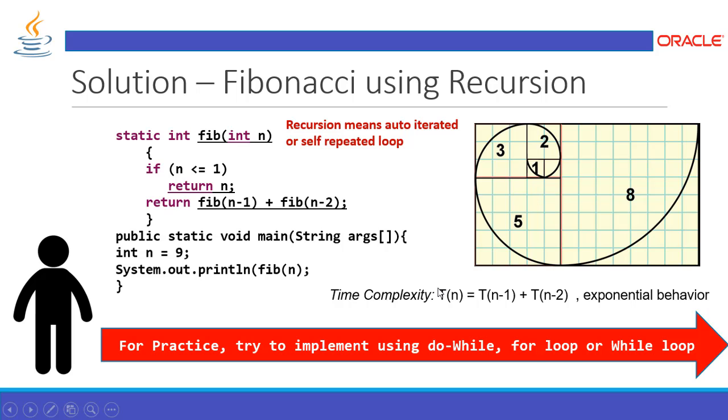Since we add the last 2 numbers in the series and give the third number, that's how it works in a Fibonacci series. So for practice, try to implement this type of algorithm using do while, for loop, or while loop. Now let's take a look at the demonstration for your reference.